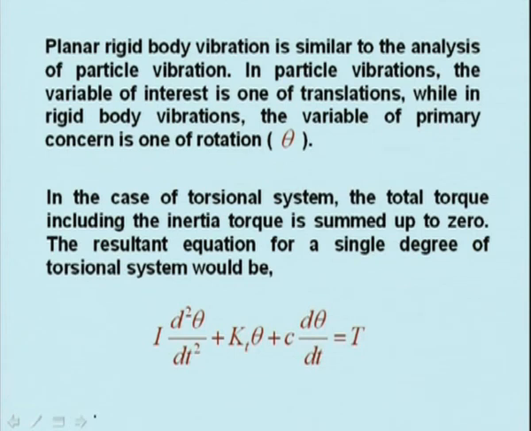So therefore in particle vibrations the variable of interest is one of translation, while in rigid body vibrations the variable of primary concern is one of rotation theta.